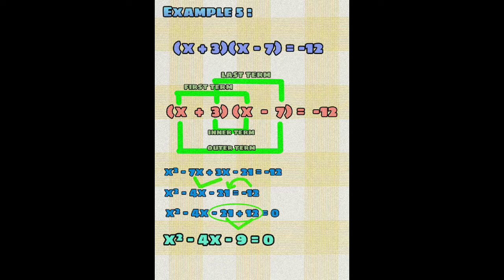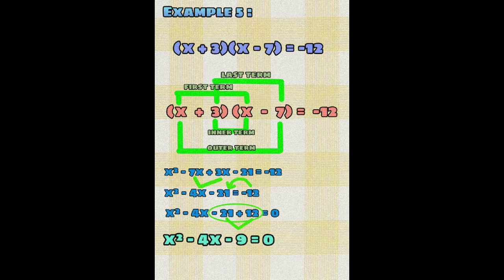Isunod naman ang inner term. So, 3 times x is equals to 3x. Dahil nga parehas naman ang negative 7x plus 3x, ay pagsasamahin natin sila. Negative 7x plus 3x is equals to negative 4x. At yung negative 12 naman ay ililipat natin siya sa sunod ng negative 21.